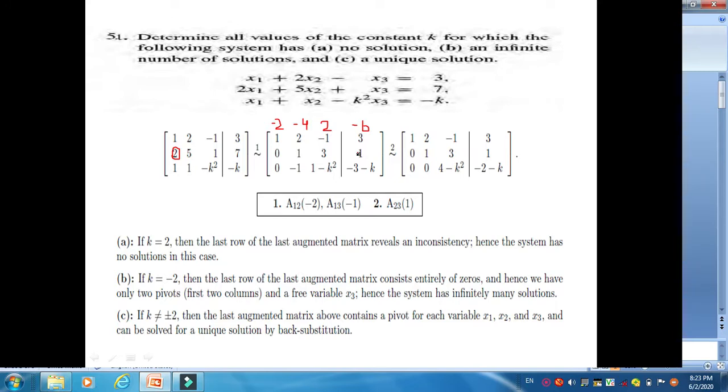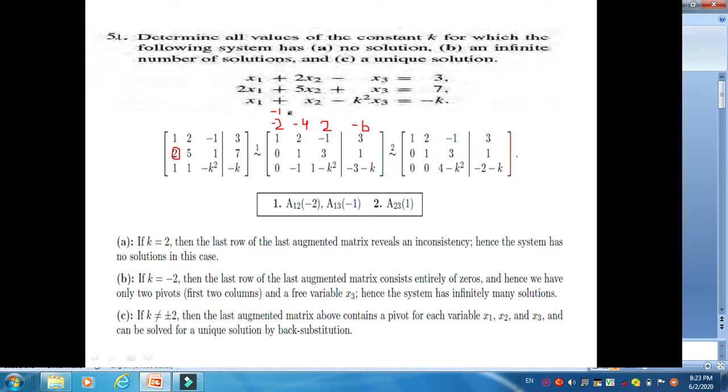Similarly, we want to find the zeros in the second row, third row position. So you must apply the addition operation here. First we multiply row number 1 by minus 1. If you multiply row number 1 by minus 1, we will obtain minus 1, minus 1, right?